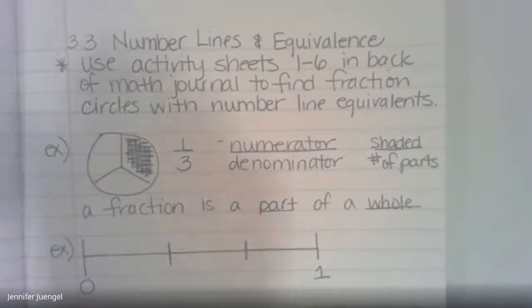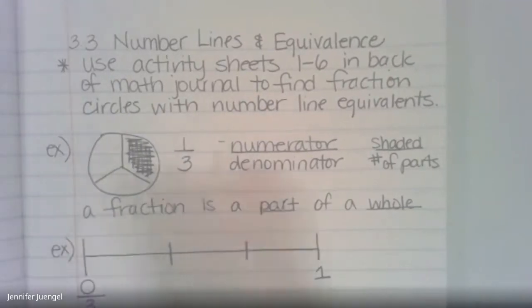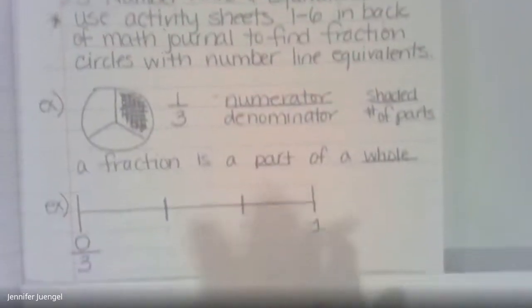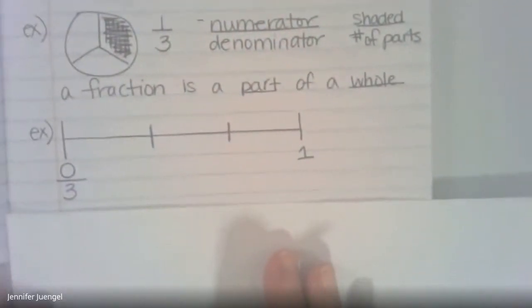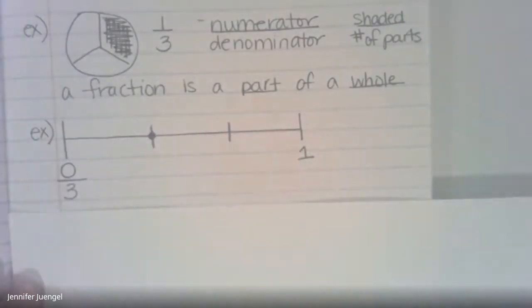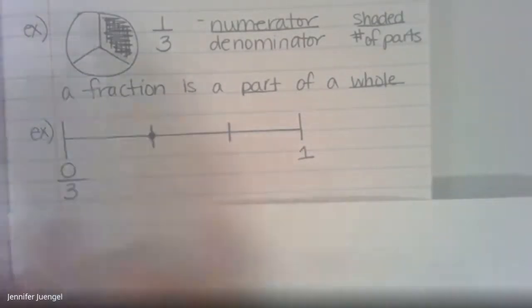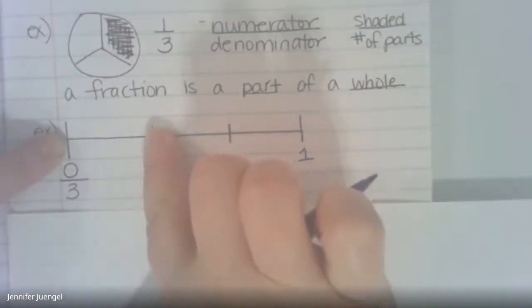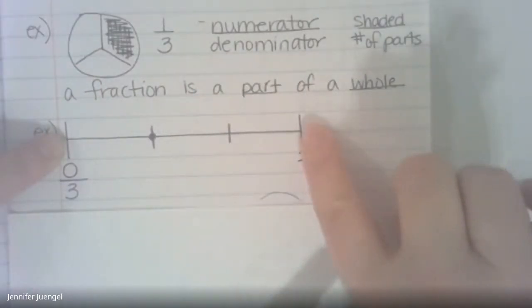This would be equivalent to 0 parts out of 3 parts possible, or we can represent it with the whole number 0. This first spot that we come to on our number line represents 1 part, this first part, out of 3 parts possible.